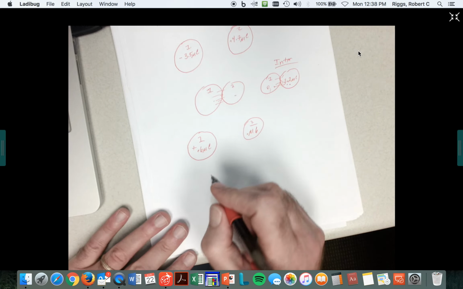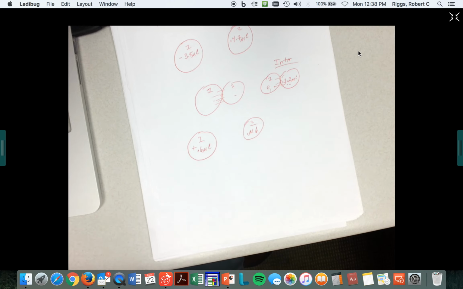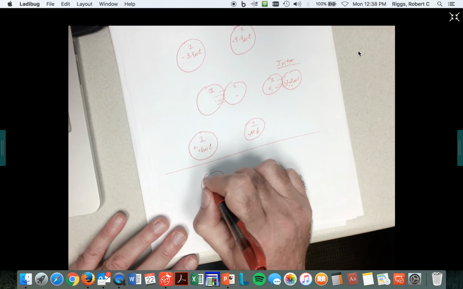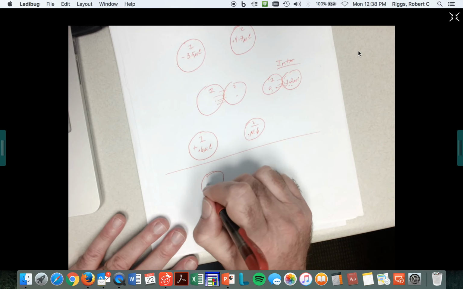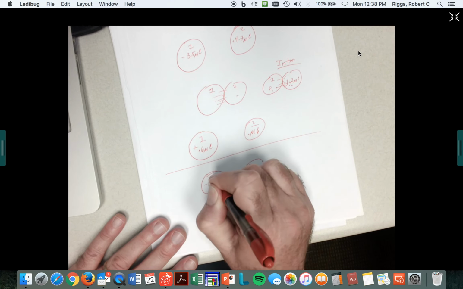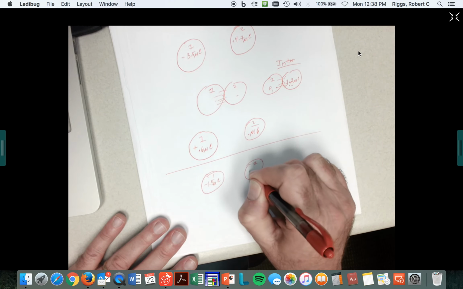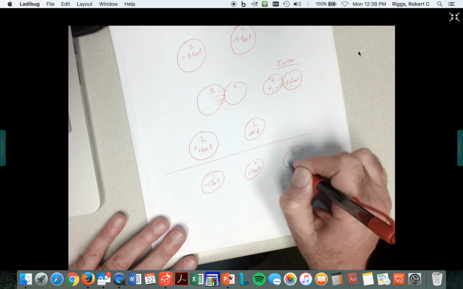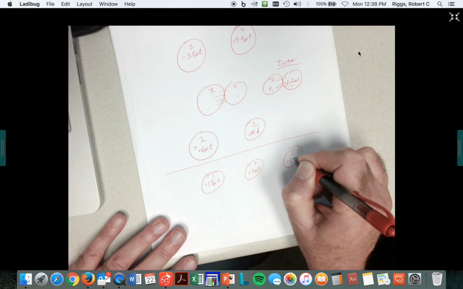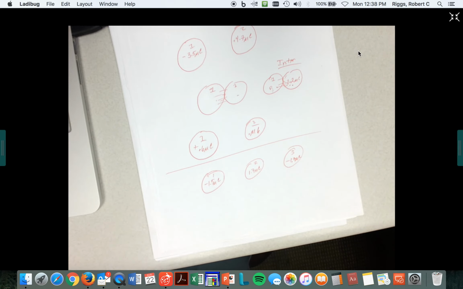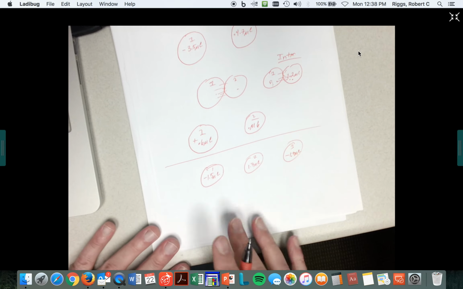So if we did 3 spheres, here's a second type of problem. Sphere 1 has negative 1.5 microcoulombs, sphere 2 has 1.7 microcoulombs, and sphere 3 has negative 1.7 microcoulombs. I'm going to bring all of these together.